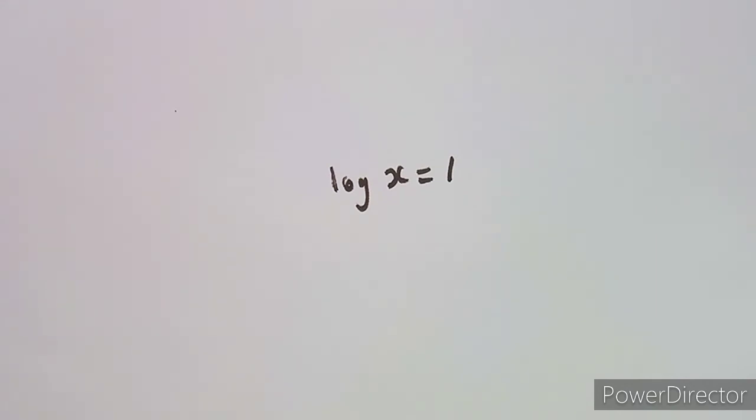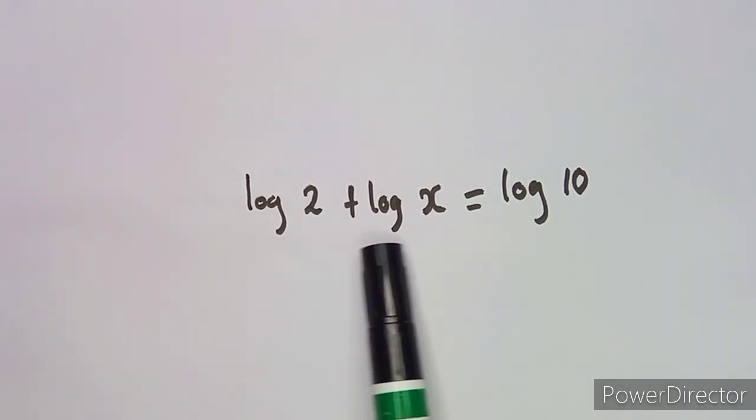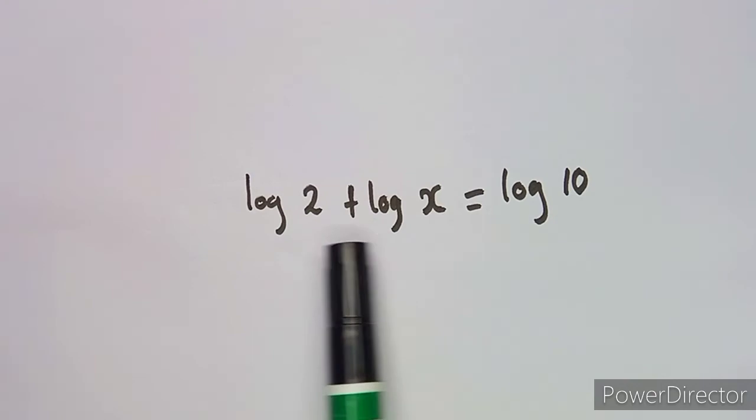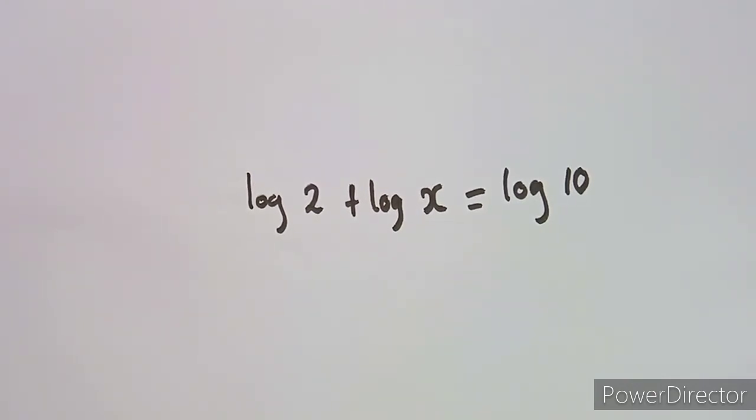So if I just have logarithms throughout the whole question, it's log here, it's log here, it's log here. Which concept am I going to use? This is the concept that you're going to use. Take note here.